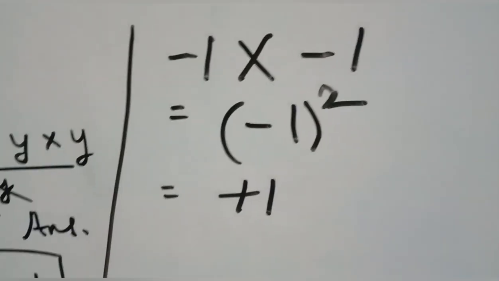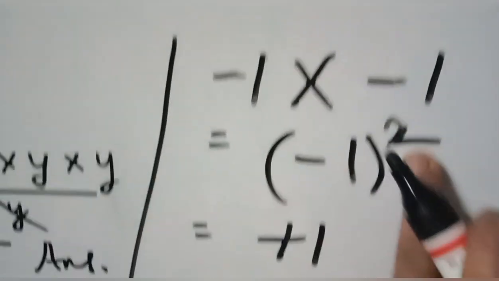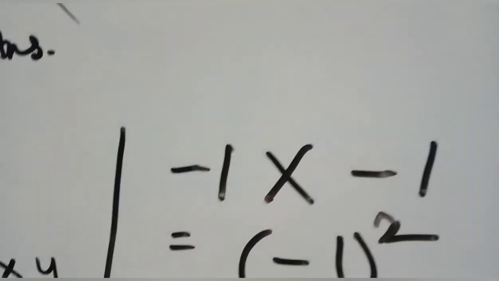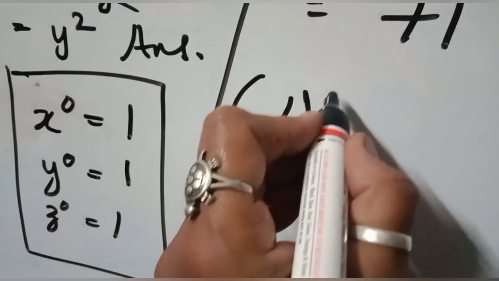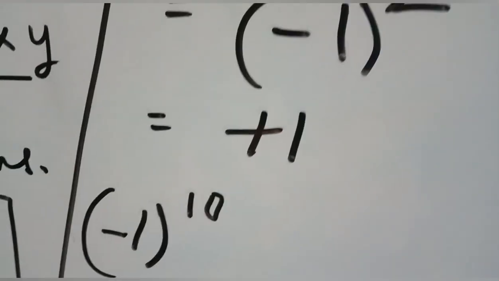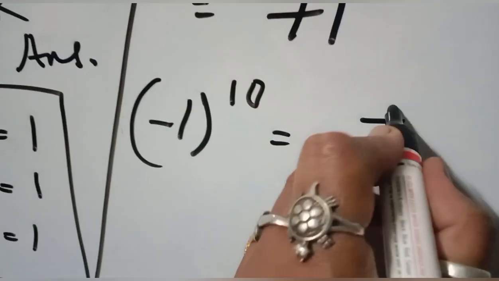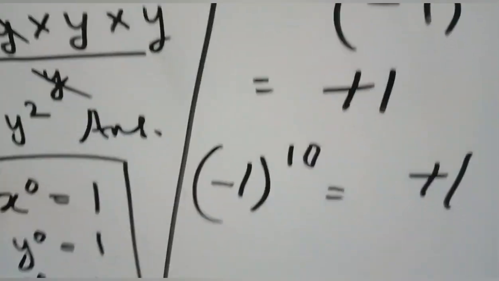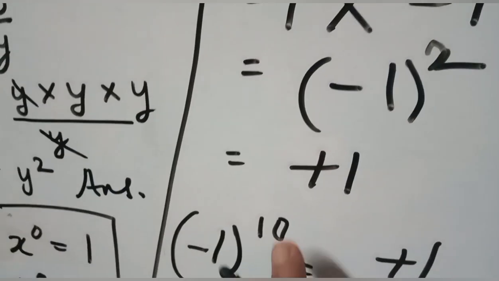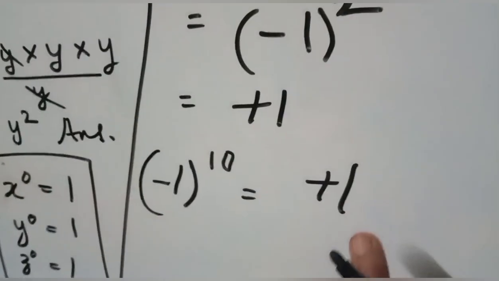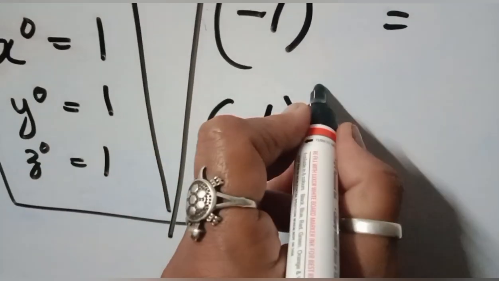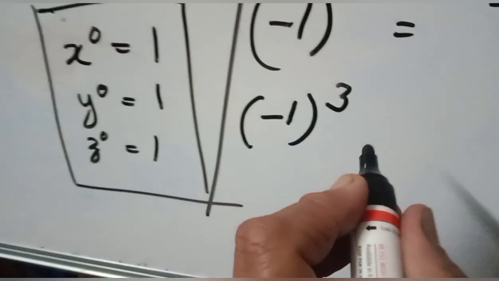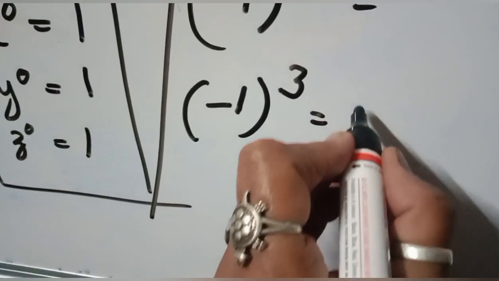Always remember, minus 1 to the power any even number, let me take to the power 10, the answer is plus 1. Minus 1 to the power any even number, the answer will be plus 1. But if minus 1 to the power 3, it's an odd number, how do we do this?